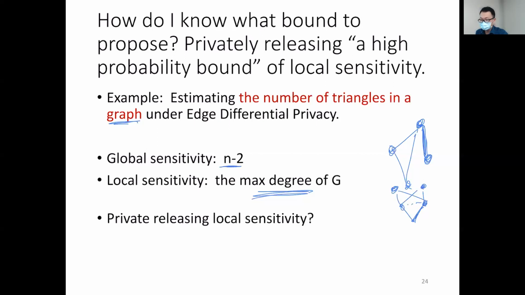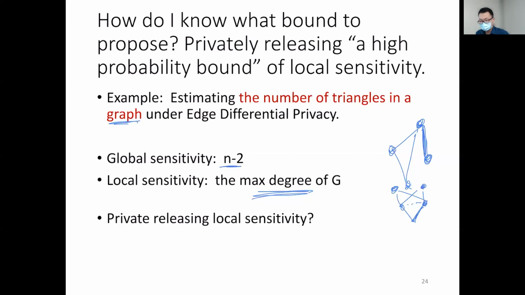Okay, so to see that the max degree of G satisfies bounded global sensitivity, we can try adding one additional edge to the graph. This will make the degree larger for the two nodes that this additional edge connects to, right? So it can only affect the max degree by one at most.